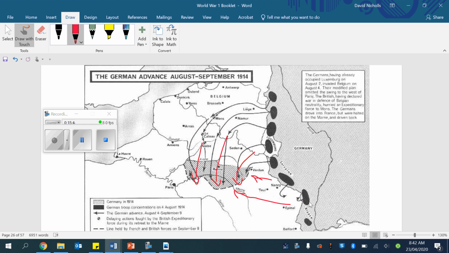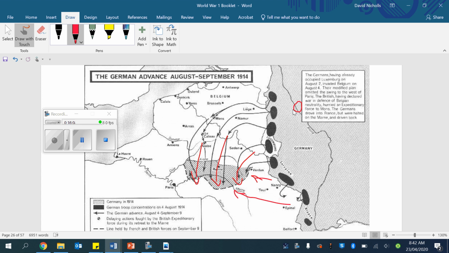The Germans at this time are also reporting back to Moltke, the commander of these armies, saying, look, the French are on the run. The French are being defeated. The French army is in disarray. The war is won in France on the Western Front. We've done it. We just have to simply round them up and circle them, and they will surrender.